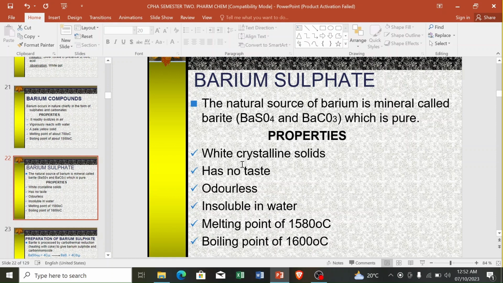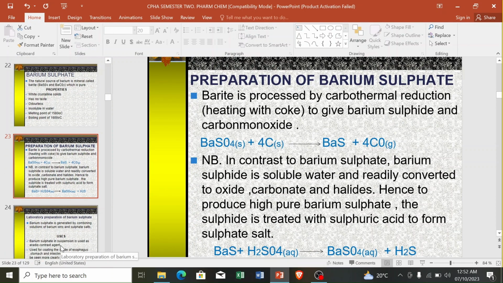We need to know the properties of barium sulfate. It is a white crystalline solid, has no taste, has no odor, is insoluble in water, has a melting point of 1580 degrees centigrade, and a boiling point of 1600 degrees centigrade.